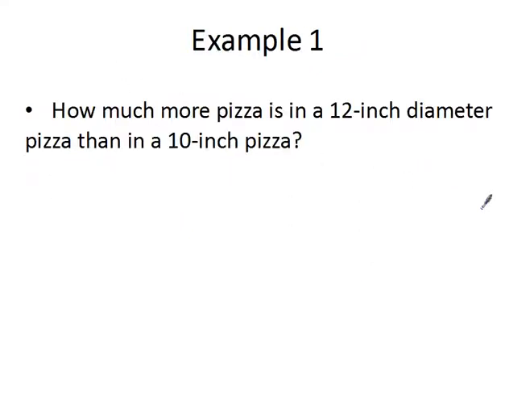So let's just try an example just for fun. How much more pizza is in a 12-inch diameter pizza than in a 10-inch pizza? So for the 12-inch pizza, we would do pi times the radius. And if the diameter is 12, that means the radius is 6.